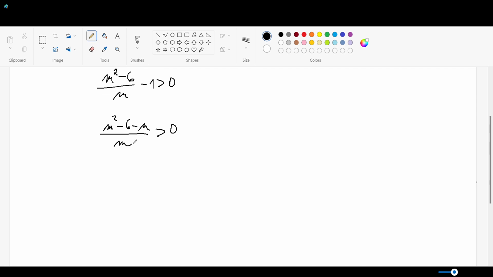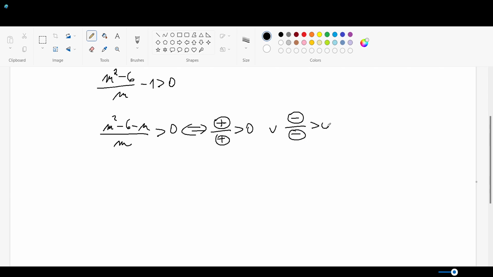Now we know that a fraction is greater than 0 if the numerator is positive and the denominator is positive as well, or another possibility is that the numerator is a negative number and the denominator is also a negative number.